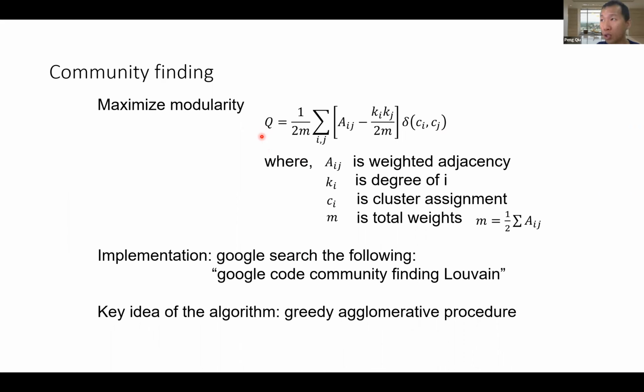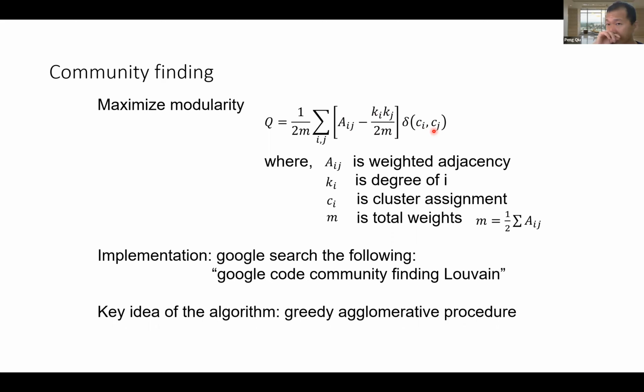Okay, so what this Q quantity represents is that for, say, data points I and J that belong to the same cluster, they want the weights to be much larger than what we would expect by chance. And for data points that do not belong to the same cluster, this Q quantity does not worry about them at all.